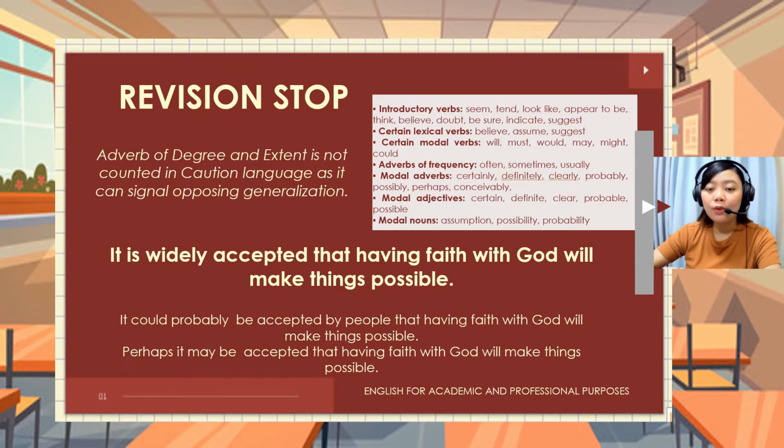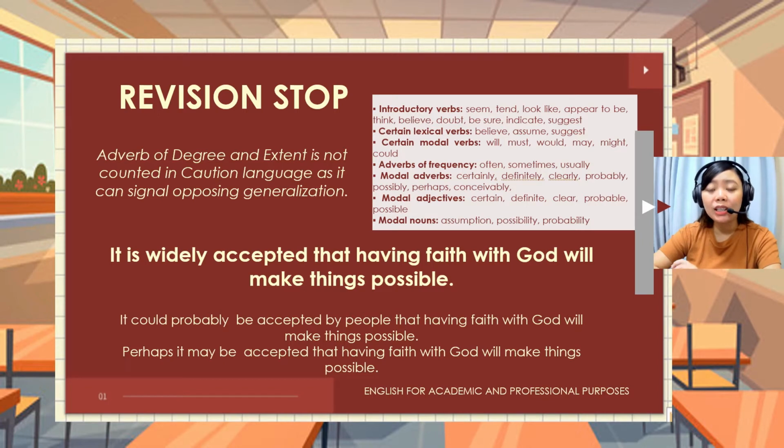Examples of modal adverbs are certainly, definitely, clearly, probably, possibly, perhaps, and conceivably. We also have adverbs of frequency, which are often, sometimes, usually, and such. The same rule applies with modal adjectives and adjectives.